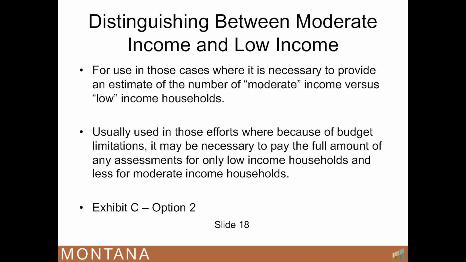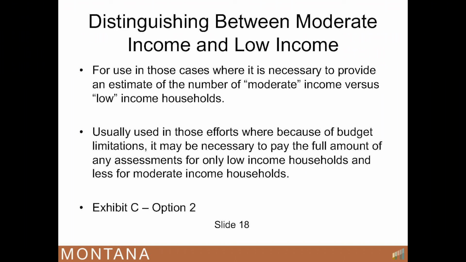It's usually used in those efforts where, because of budget limitations, it may be necessary to pay the full amount of any assessment for only low income households and less for moderate income households. The model is presented in Exhibit B, Option 2.